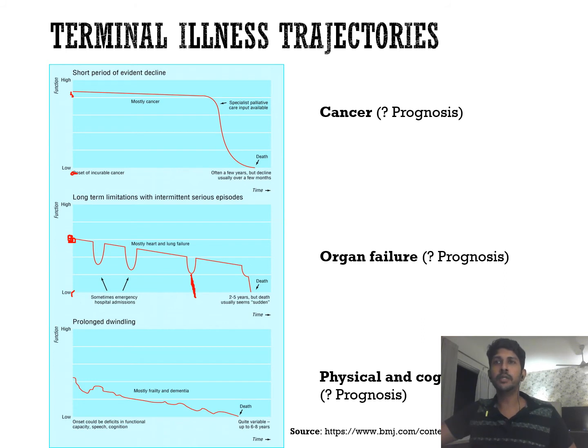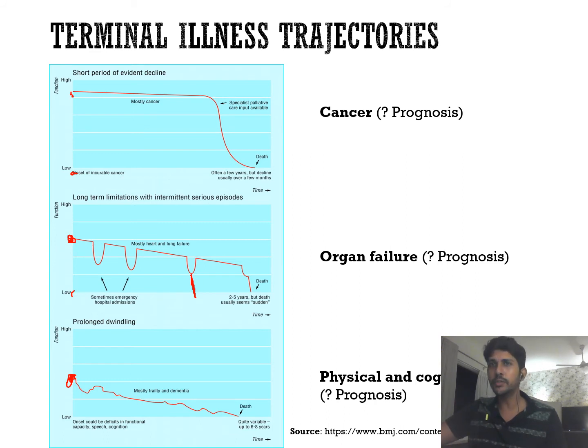Then we move on to the final illness trajectory that we are going to look at. So that is the patients with cognitive failure, such as those with forms of dementia, and the patients with frailty. So again, they have deteriorated to some extent when we diagnose that the patient has frailty or dementia, and they have a very fluctuating course that is progressively declining towards death.